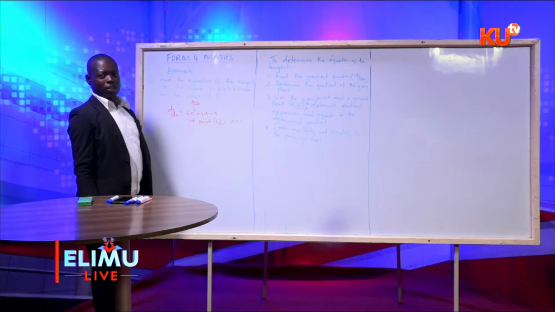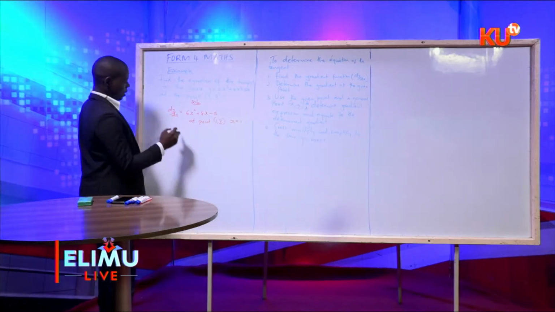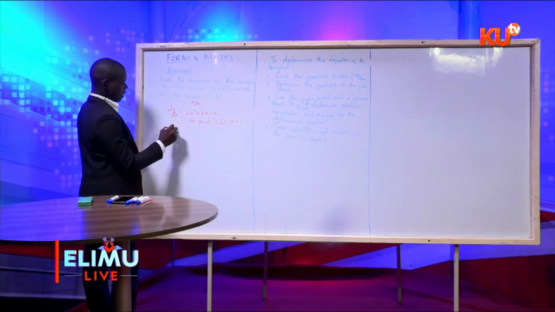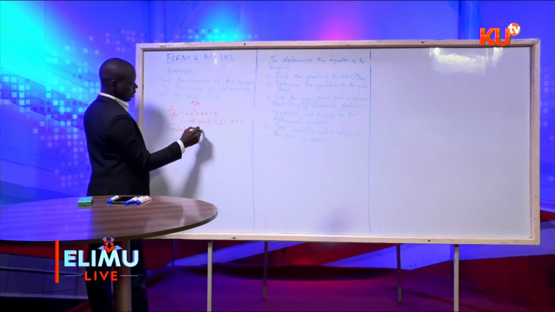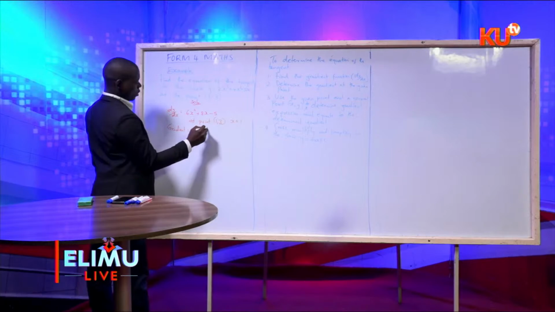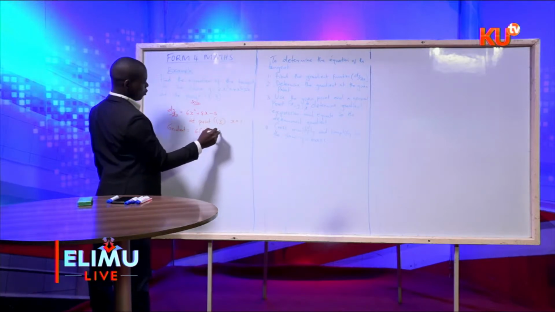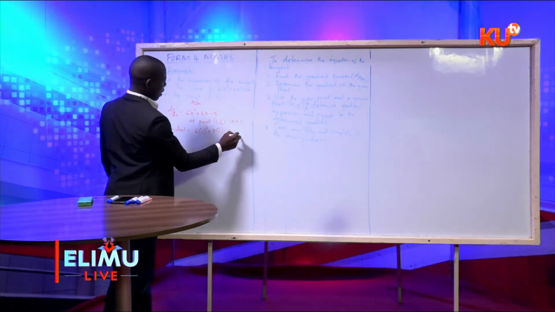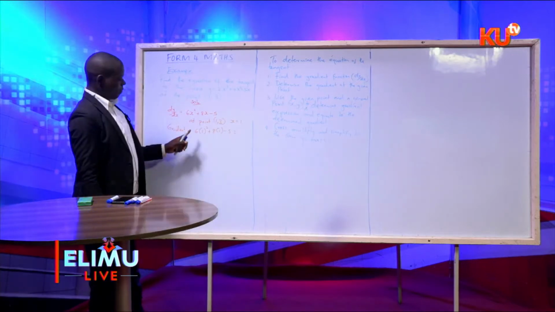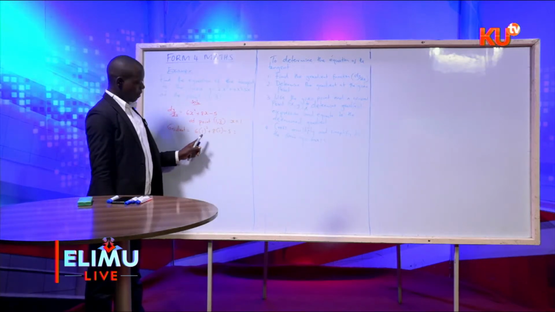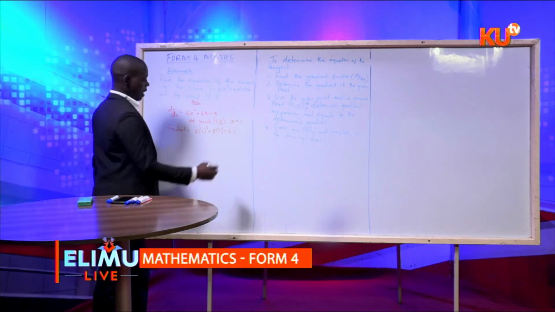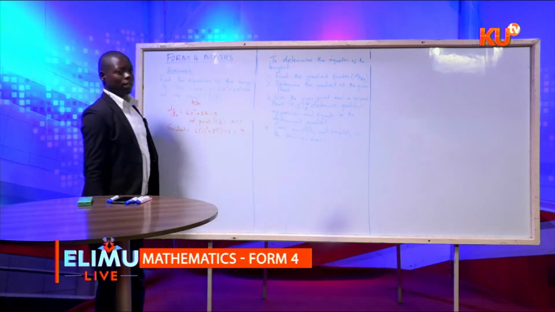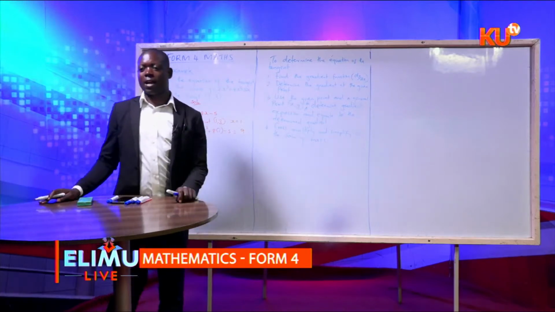X is 1. Therefore, what's the gradient? The gradient is 6 into 1 squared plus 8 into 1 less 5. Therefore, 6 plus 8 is 14 less 5 is 9. Therefore, the gradient is 9.